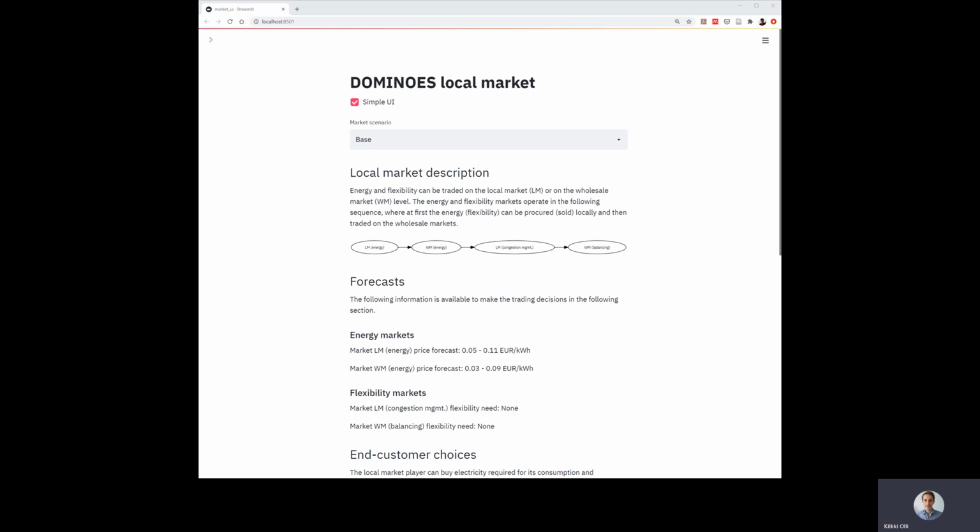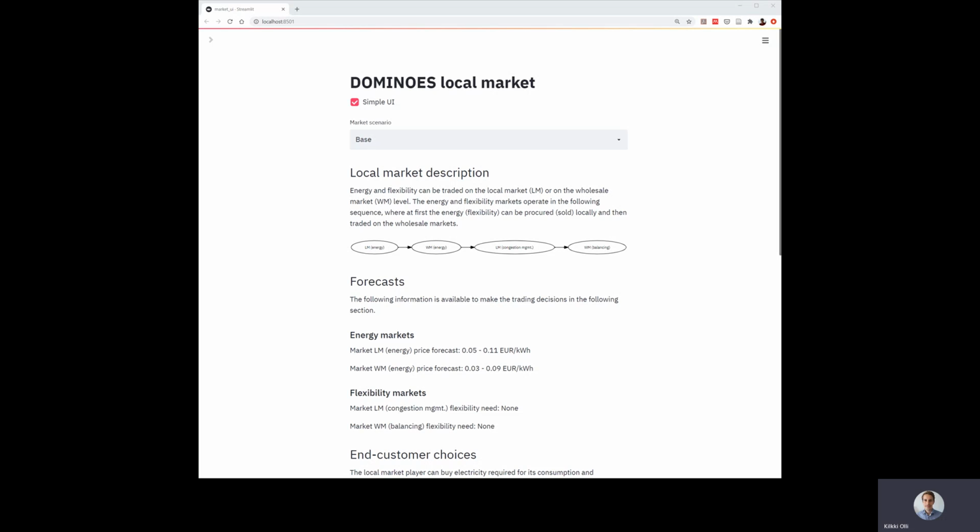Also, the main purpose is to include a simple game-like simulation for the involved decision making in order to illustrate the market model.